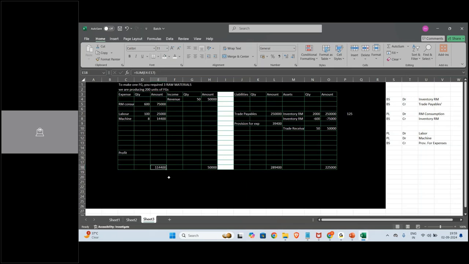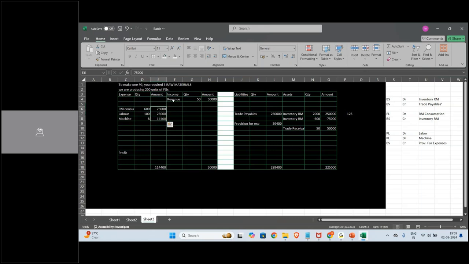Okay, Rajan, it will be profit itself, and the rest of the expenses we have incurred for the extra quantity we need to show under the WIP. Exactly. Very true. So what happens here is your total 1,14,400 is the cost of manufacturing. We don't know yet whether we are going to sell it.